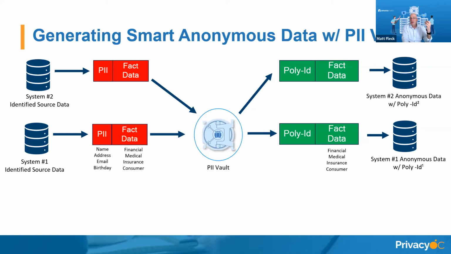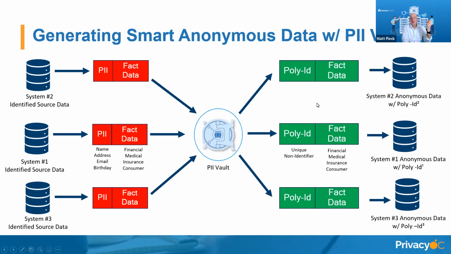And you are completely in control of whether or not you get the same poly-ID or a different poly-ID for each individual. In this case, we're going to assume that this is a different system, maybe even from a different organization, that is sending their data through, and every poly-ID for each individual will be different between the first system and the second system. And again, it's going to be different in the third system.